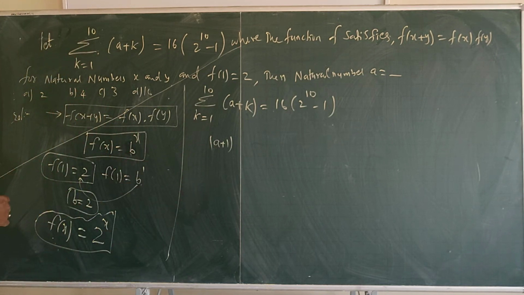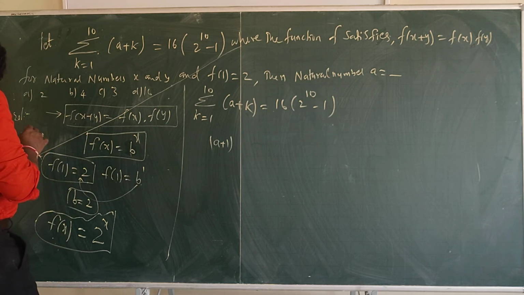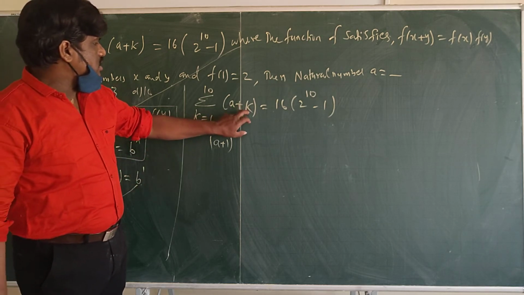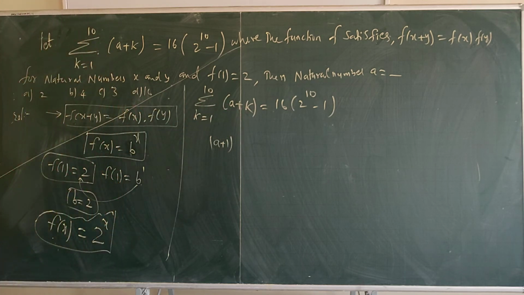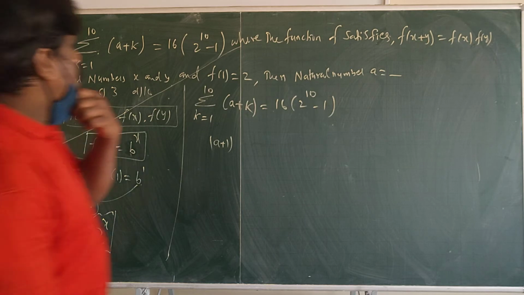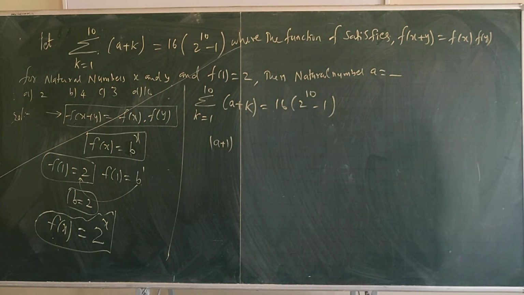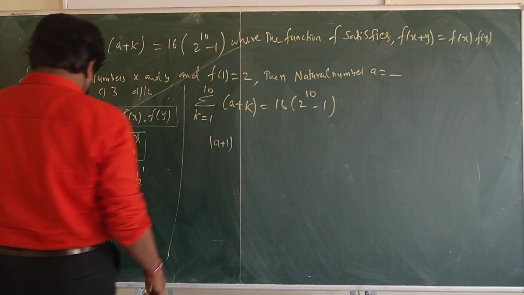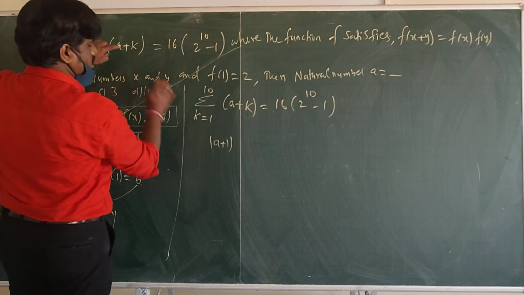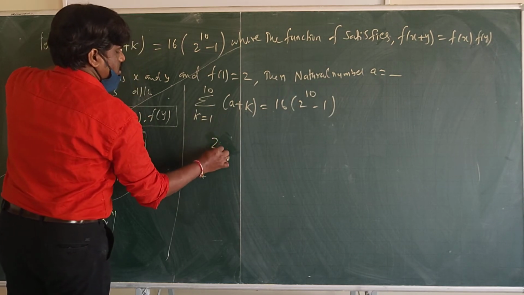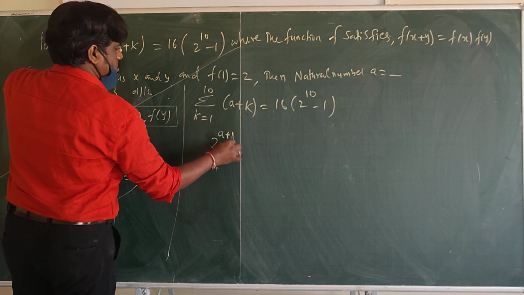I think I forgot the function. See here, a plus 1 will come here. This is you get a plus 1. So here the function you get as 2 to the power of a plus 1.